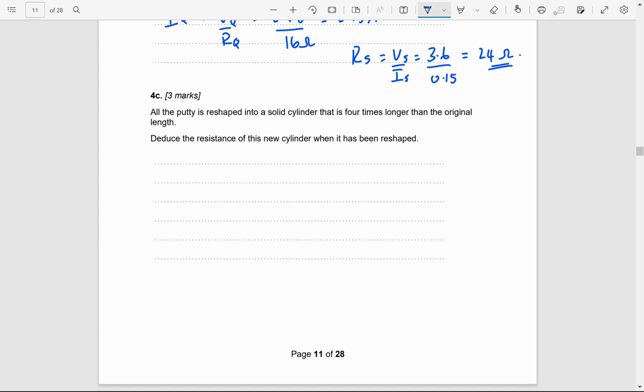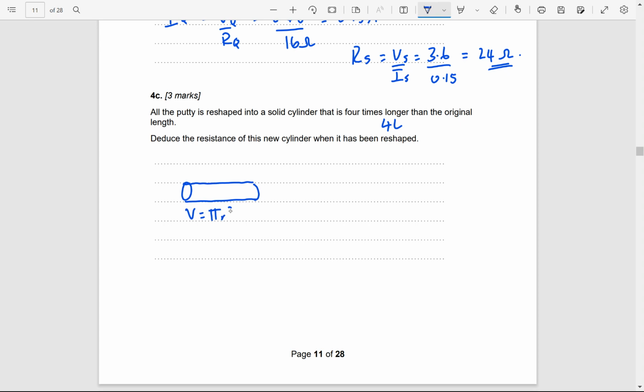4C, we've got the resistivity question coming in. All the putty is reshaped into a solid cylinder that is 4 times longer than the original length. Right. So we've got a piece of putty that has been stretched.